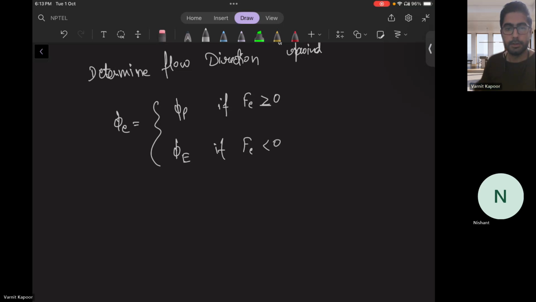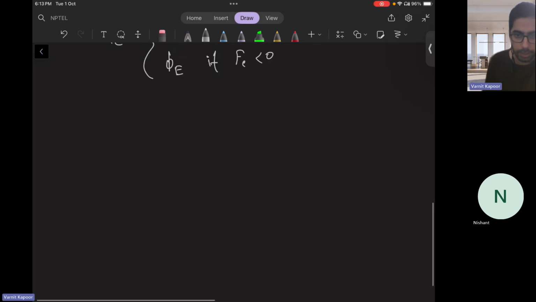So, the convection term at the east face. Right now I'm assuming that the flow is from left to right. Here is how you can write the convection term in that scenario.